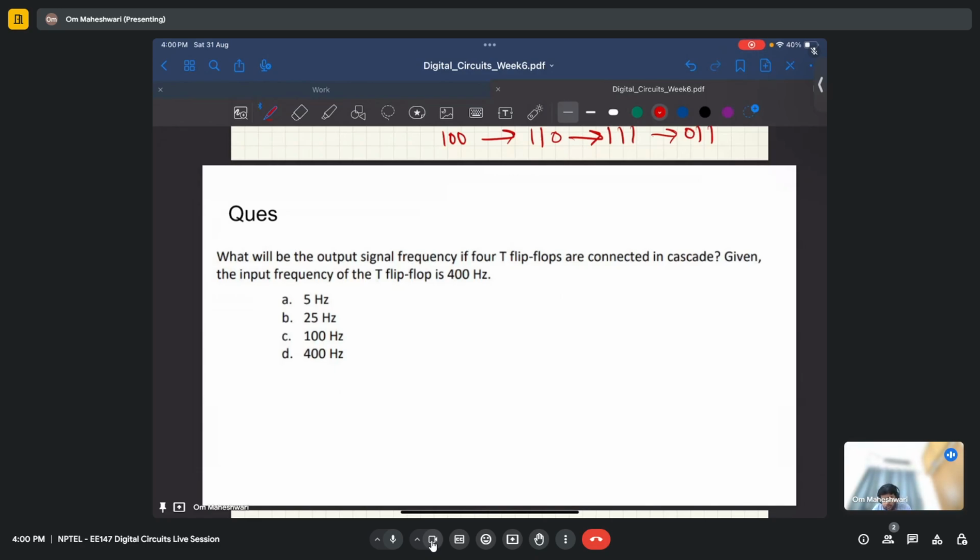So, this is a very simple question. In T flip-flop, when connected in cascade, what does this mean?